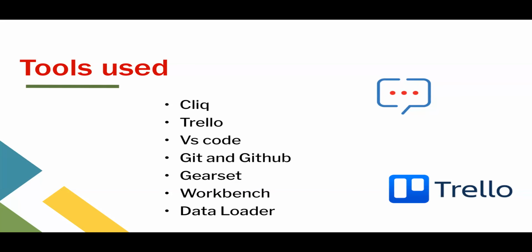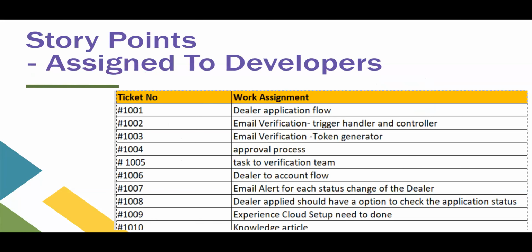VS Code, Git, and GitHub, Gearset, Workbench, data loader. These are all the tools we used for the deployments. And in the deployment part, in each and every sprint you use different tools. Next. And this is the assigned task which is done in the Trello board.